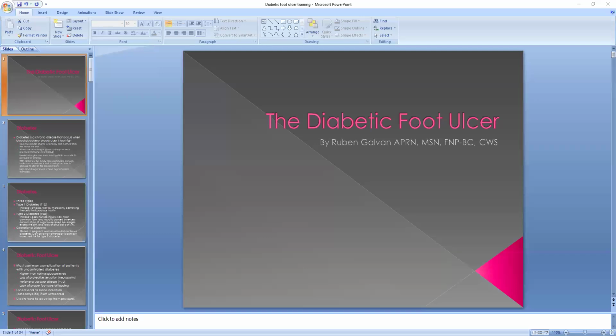Yeah, Ruben, we can see your main screen, but it just shows the diabetic foot ulcer. Nothing has advanced quite yet. Let me try that. Is that better? Nope, still see the same.